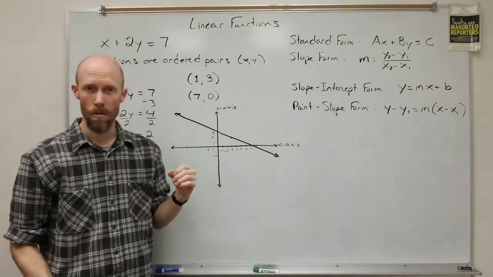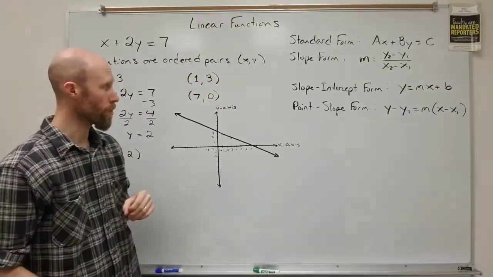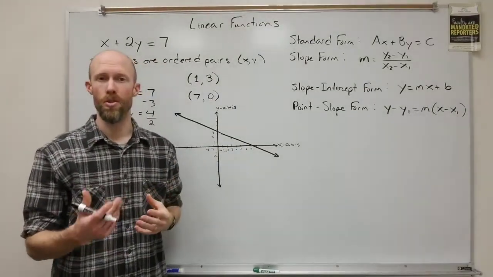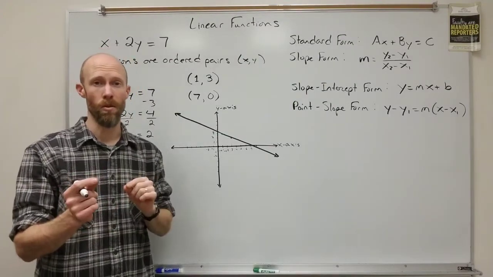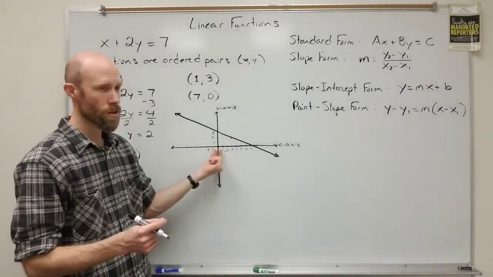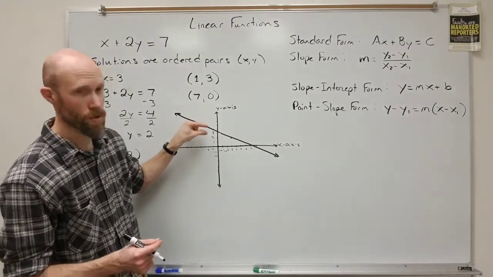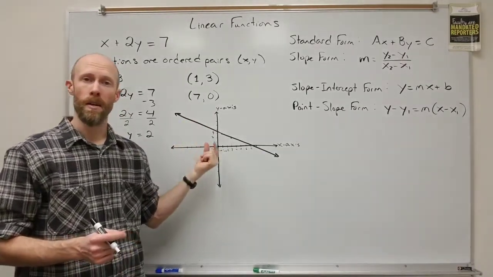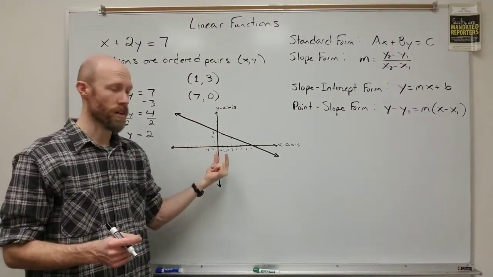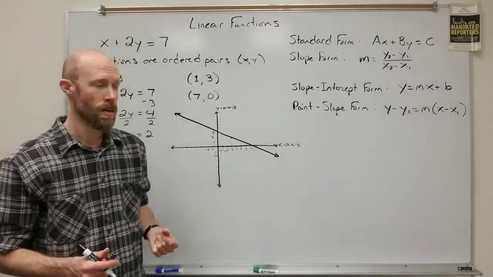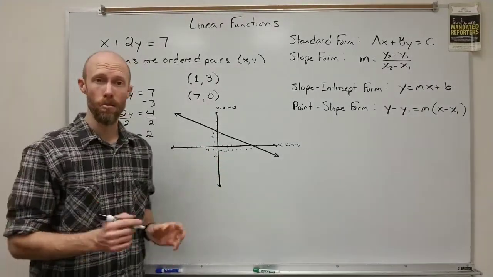And because it's going to be fixed, we give it a name. It's called the slope. The slope is the ratio between the fixed rise or vertical change divided by the fixed horizontal change, okay? And this is true between any 2 points.